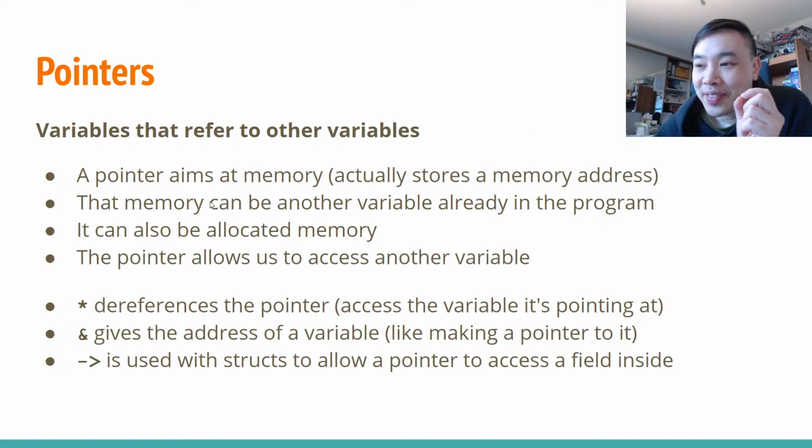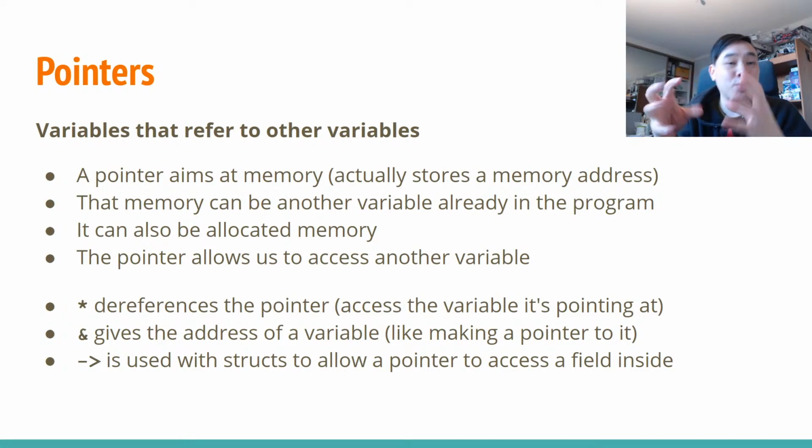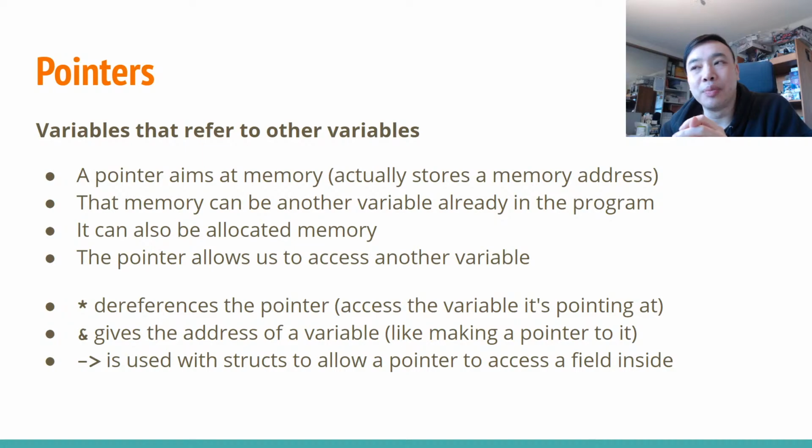Okay, so a pointer stores a memory address. The memory address is a location somewhere in memory where we probably have variables. Sometimes we don't, but we usually wouldn't make a pointer unless we intended to aim at a variable somewhere. Whether that's a memory allocated variable, which we now know about, or a variable that's just been created as part of the code.